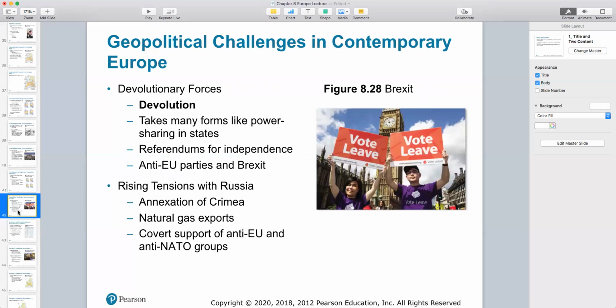Now, the hopes and aspirations of the EU post Cold War have not been universally felt. For example, there's been a decentralization of power in Europe, and that has taken many forms. But geopolitical devolution and separatism are contrary to Europe's agenda of supranationalism, as the European Union has promoted.